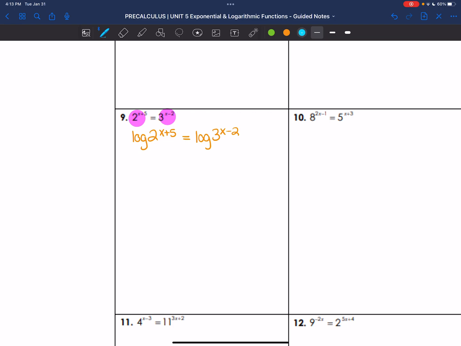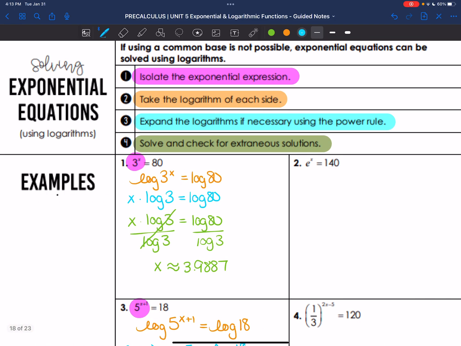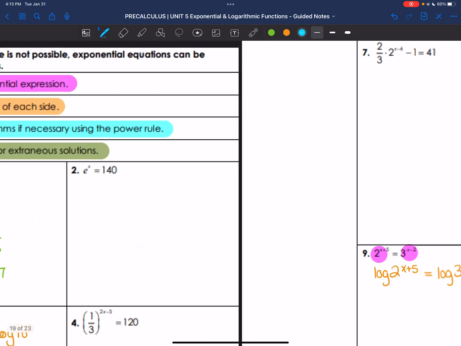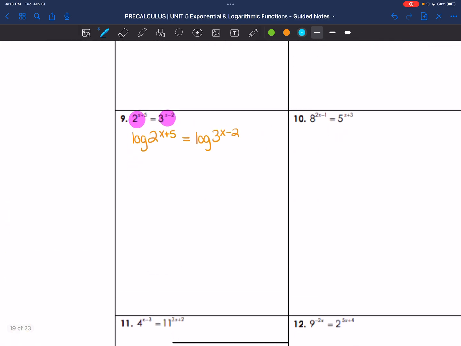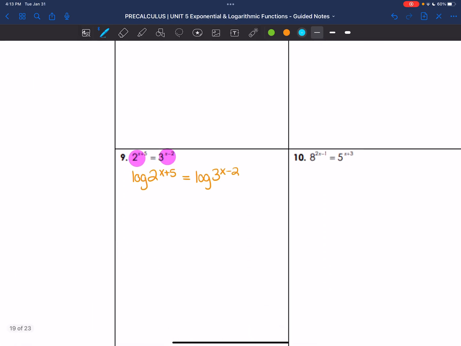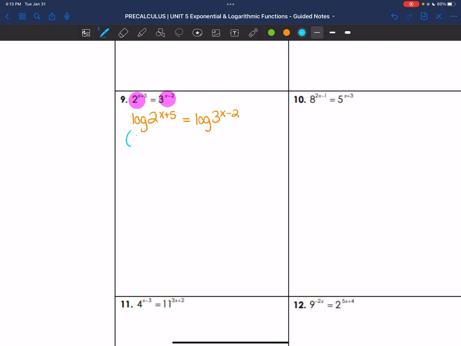Then once again, we use those same steps and expand using that power rule. So using our power rule, we'll have the x plus 5 multiplying with log 2, and we'll have x minus 2 multiplying with log 3. Now, ladies and gentlemen, we are going to have to distribute here.